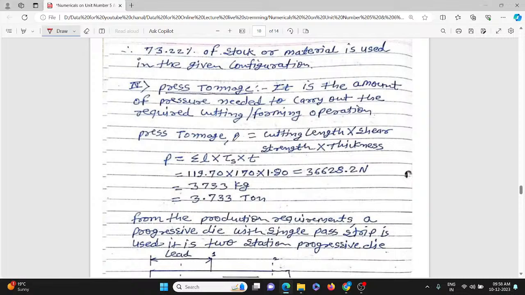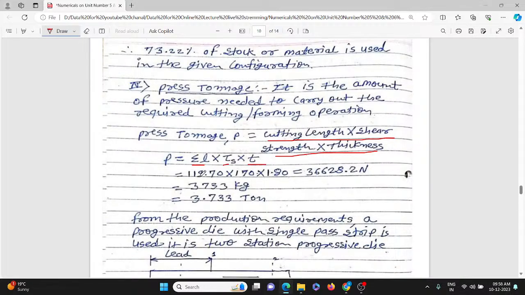So press tonnage P is equal to cutting length into shear strength into thickness, that is the total cutting length multiplied by tau, the shear strength which is given, into thickness, which is also given there.